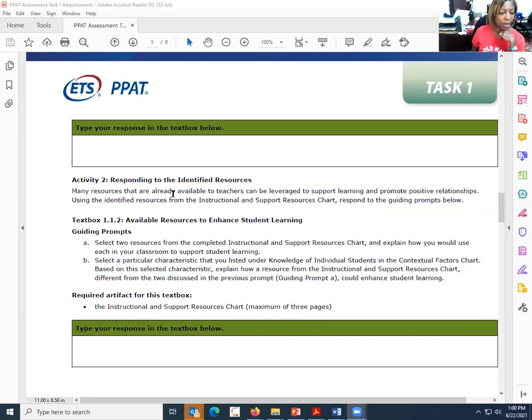Many resources that are already available to teachers can be leveraged to support learning and promote positive relationships using the identified resources from the instructional and support resources chart. And it says respond to the guiding prompts below. Text box 112, available resources to enhance student learning. Select 2 resources from the completed instructional and support resources chart and explain how you will use each in your classroom to support student learning.